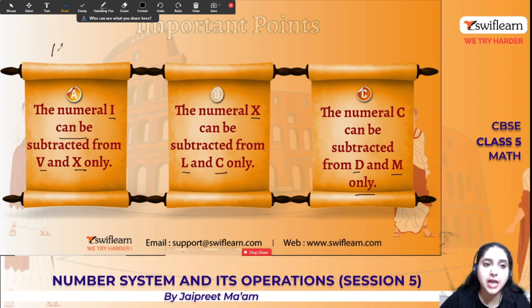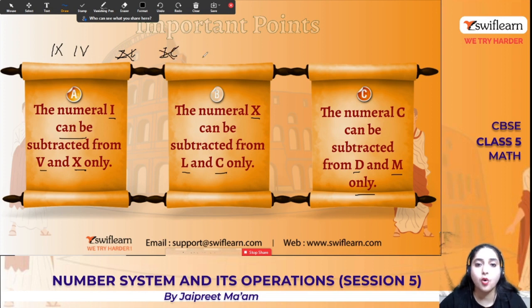We can subtract I from X, I from V. We cannot subtract I from L, that's wrong. We cannot subtract I from C, that's again wrong. We can subtract X from L. We can subtract X from C. And third important point: we can subtract C from D, we can subtract C from M.